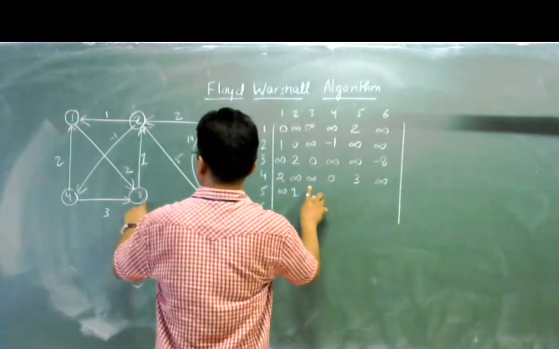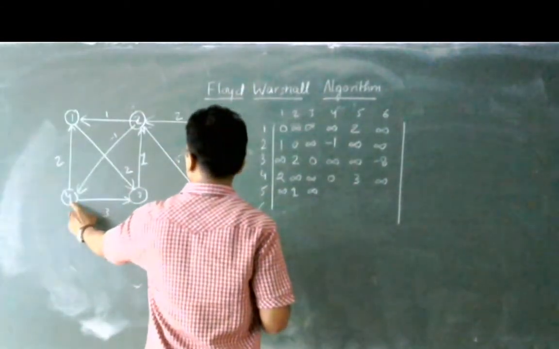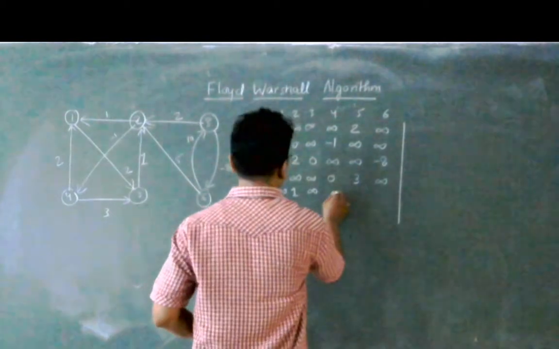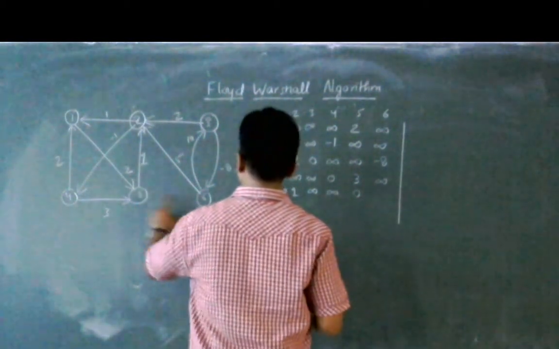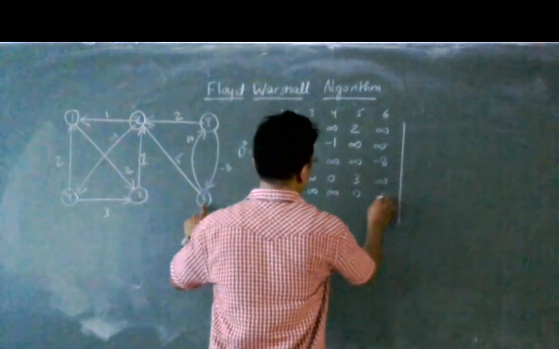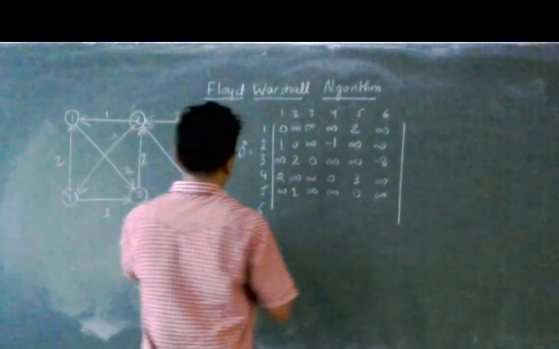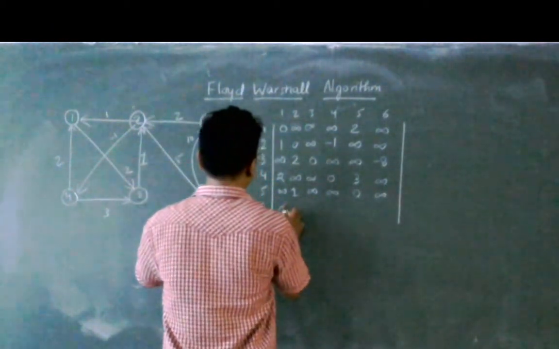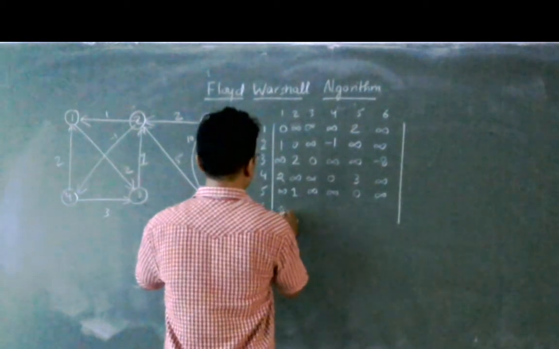Node number 3 is not directly connected. Node number 4 is not directly connected. Node number 5 is at distance 0, and node number 6 is not directly connected. Similarly, for node number 6, 6 to 1 is infinity, because not directly connected.